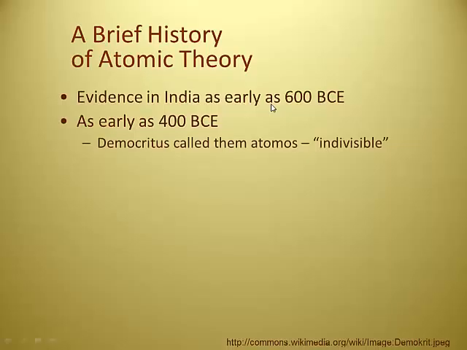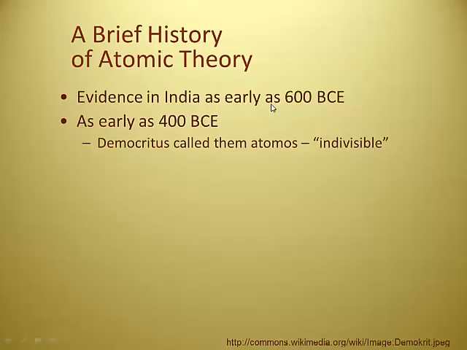All right, so as early as 400 years before Christ, Democritus is a Greek philosopher-scientist who comes up with this idea that if you start cutting things apart, say you cut an orange in half, and in half again, and keep cutting it in half, at some point you're only going to be able to divide this orange so many times, and you get to a piece of orange that's not divisible anymore.